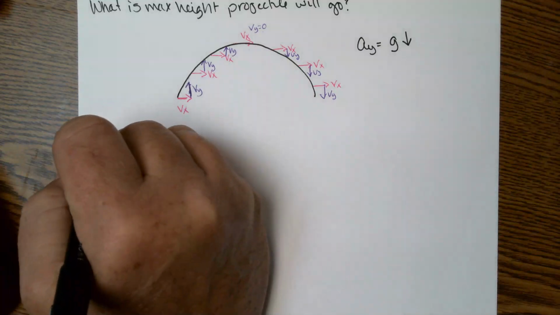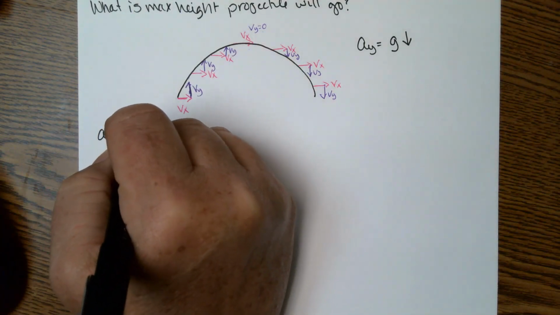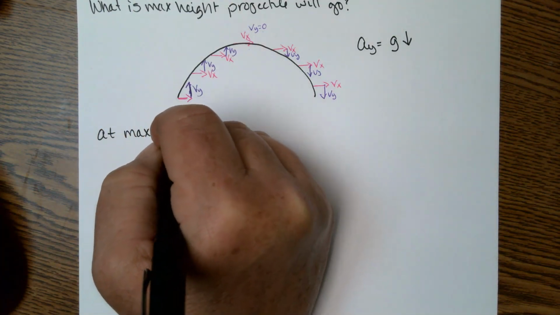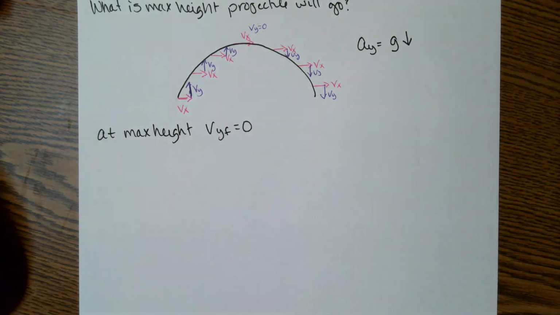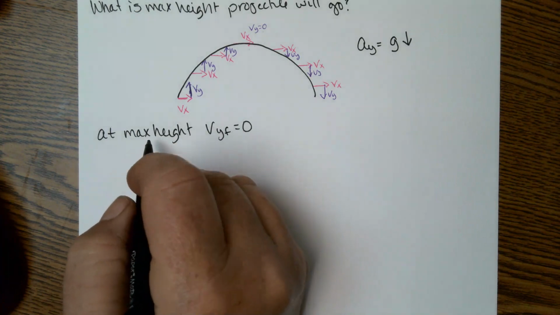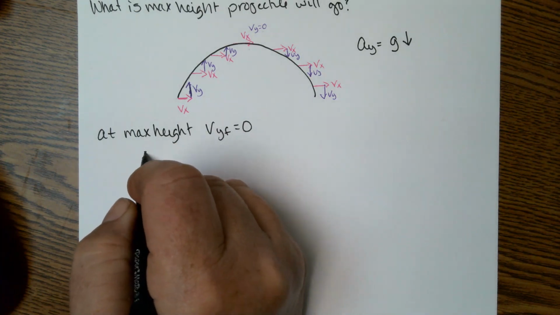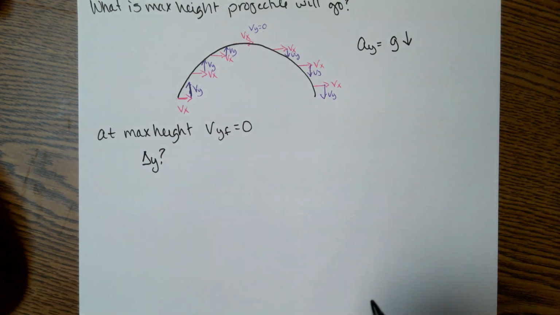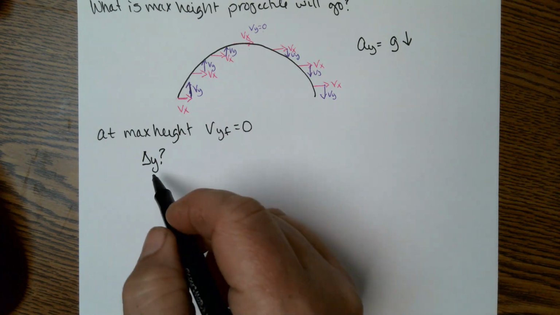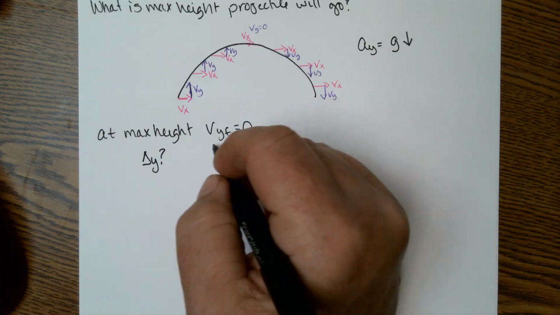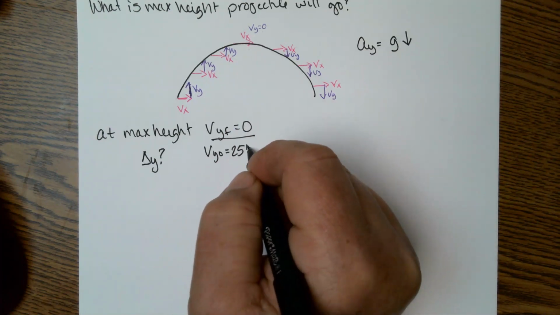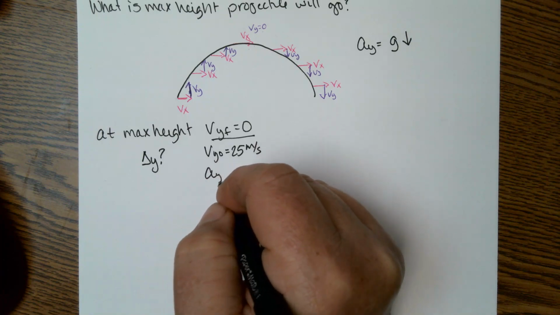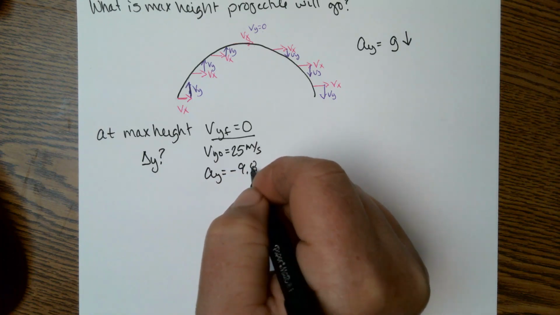So at max height, when I ask what is the max height that it'll go to, my Vy final is 0. When I'm asking for max height, I'm asking for delta y. We know Vy naught is 25, and we know Ay is negative 9.8.